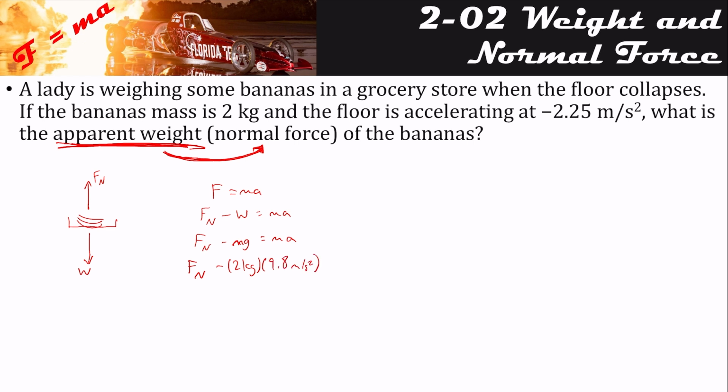Now why don't I use a negative 9.8? Because I already have the negative there pointing that it's downwards. Our mass is 2 kilograms and we do have an acceleration. Our acceleration is negative 2.25 meters per second squared.